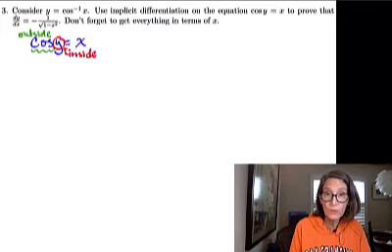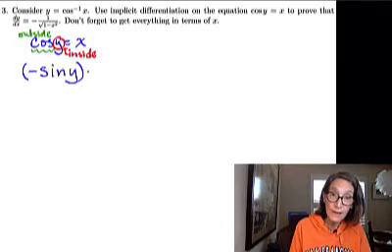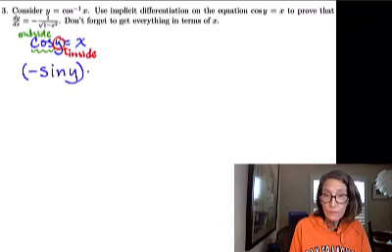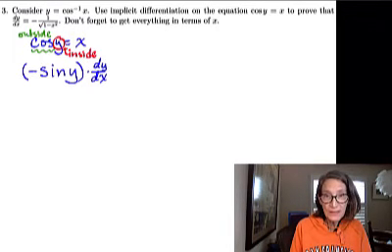We're going to use the chain rule on the left side of the equation. So the derivative of the outside is just going to be negative sine of y. It's the derivative of the outside with respect to the inside. And then we're going to multiply that by the derivative of the inside. And we're just going to write it as dy dx because we don't know the derivative of the arc cosine function. That's what we're trying to find. And then on the right side, the derivative of x is just 1.